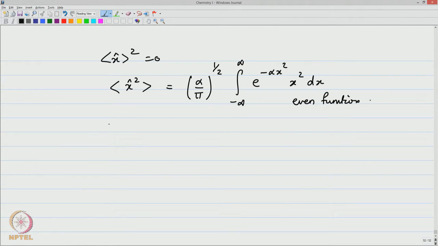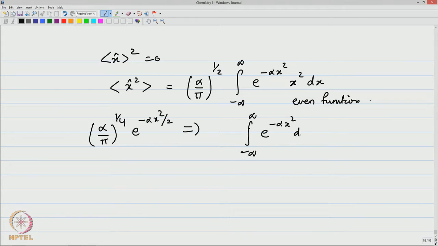And you must remember that when we wrote alpha by pi to the 1 by 4 e to the minus alpha x square by 2 as the normalized wave function, what we had used was the fact that the integral from minus infinity to plus infinity of e to the minus alpha x square dx is the square root of pi by alpha. And so, we have taken the square root of that and divided the function.